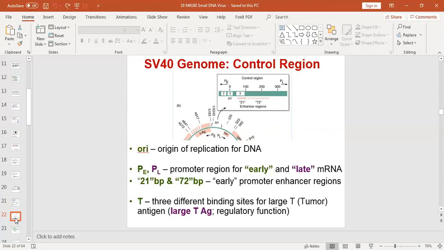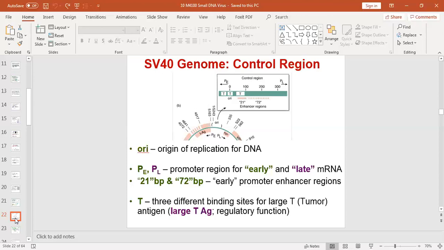So the PE promoter is the region for early messenger RNA production, and the PL promoter region is for late mRNA. Then we have regions called 21 base pair and 72 base pair. These are enhancer regions. So we have origin of replication, enhancer region, and promoter regions.